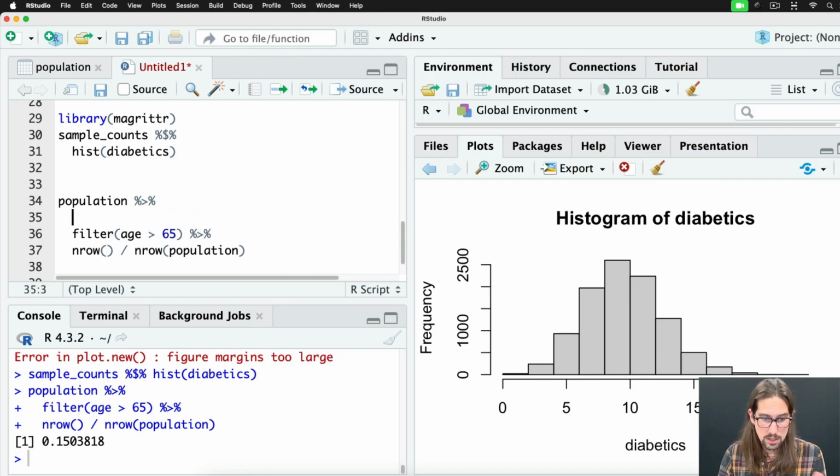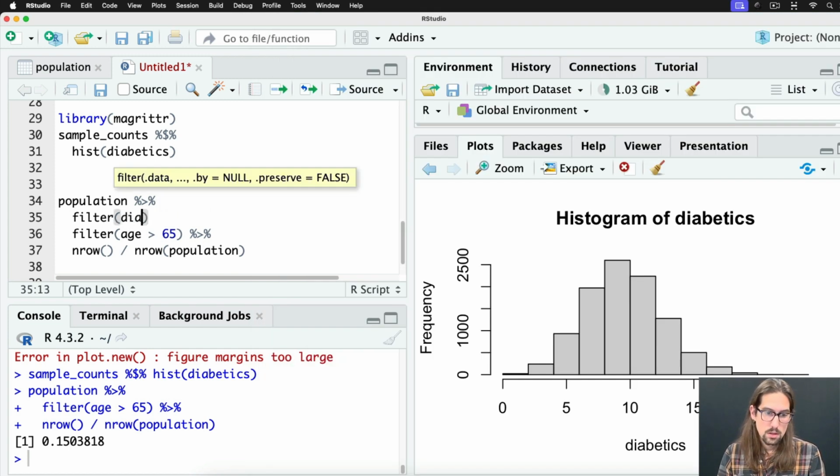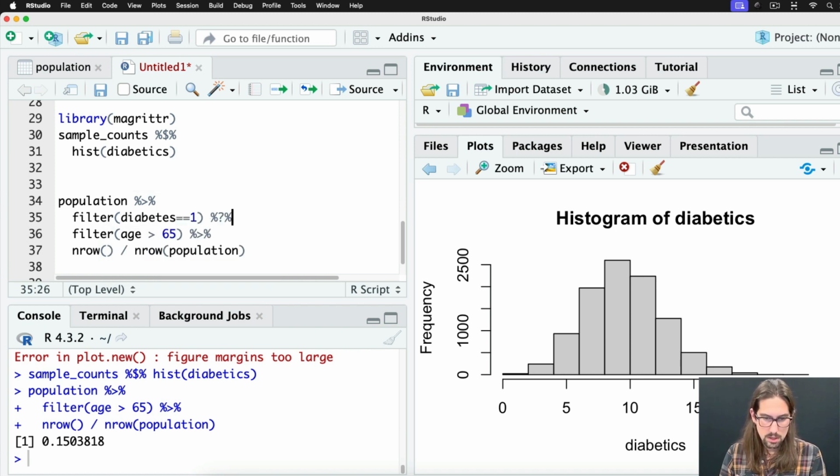So first, we just need to get the diabetics. So among diabetics, now we need to take this count. But now we're not asking about it in relation to the total population. We need to ask in relation to the total number of people with diabetes.